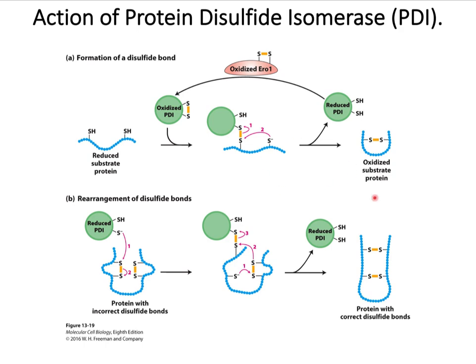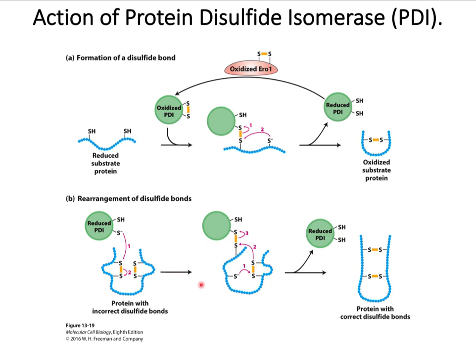The PDI disulfide bond is regenerated by electron transfer to ERO1, which is also an ER luminal protein and helps in regeneration of the PDI. The red arrows here show the electron transfers between the thiols. So that's the formation of a disulfide bond in a nascent polypeptide chain. Now the bottom panel shows the rearrangement of improper disulfide bonds.